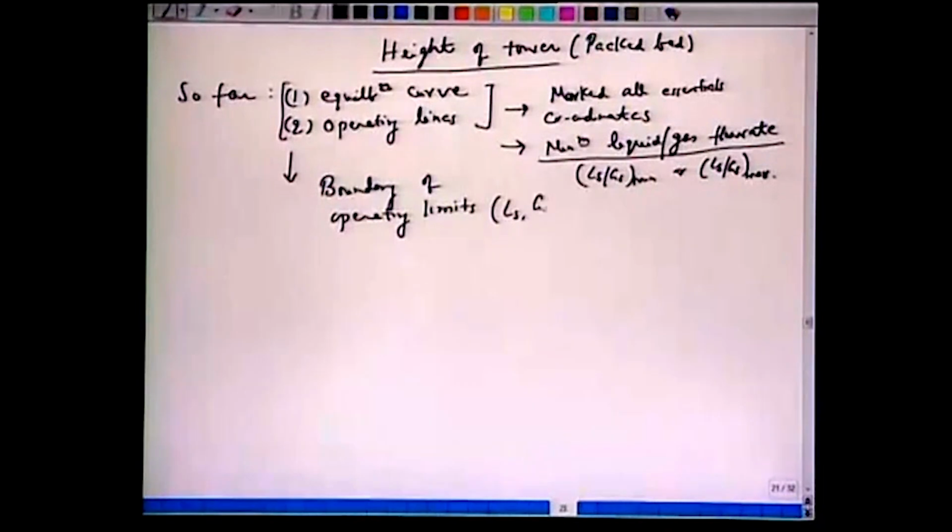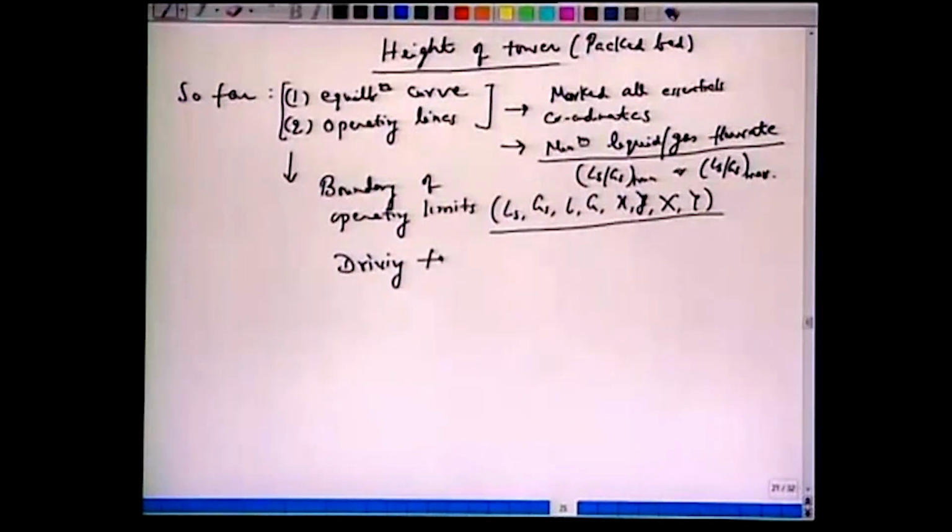LS, GS, L, G, X, Y, or capital X, capital Y. So, these are the quantities we can determine, we can locate, and we can also obtain at any location the driving force for mass transfer. This can also be obtained from 1 and 2.